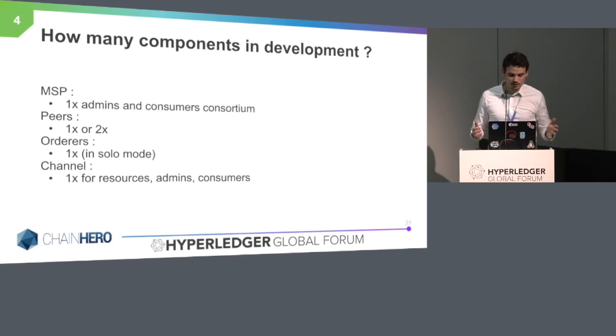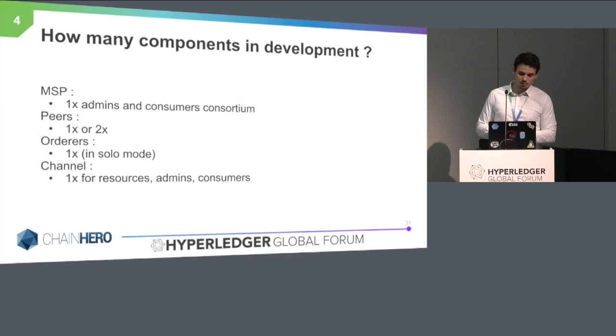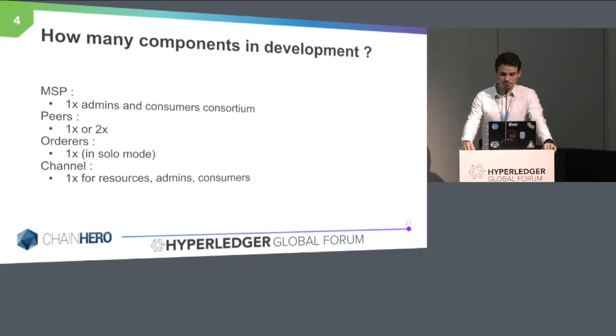We don't need to check the resiliency of a real context, we only focus on the development. So in the virtual machine and the application I will provide, there are only 2 peers, 1 orderer, and we still need 1 MSP and 1 channel.